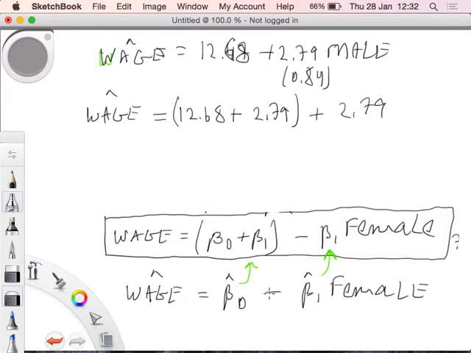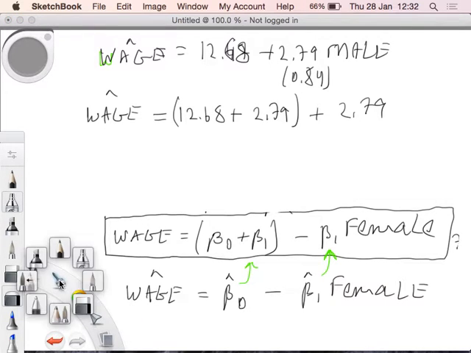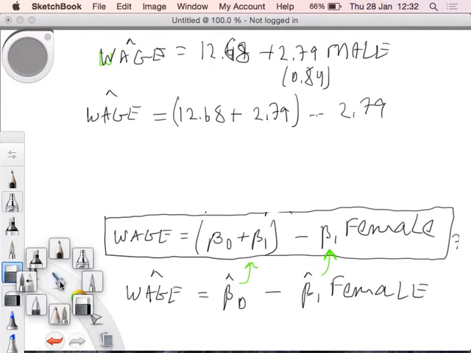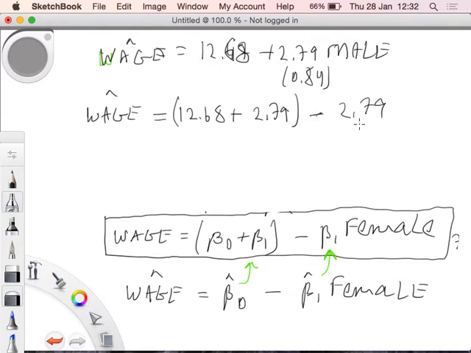By the way, this is minus now. Female. So you have a new equation, estimated using the sample.